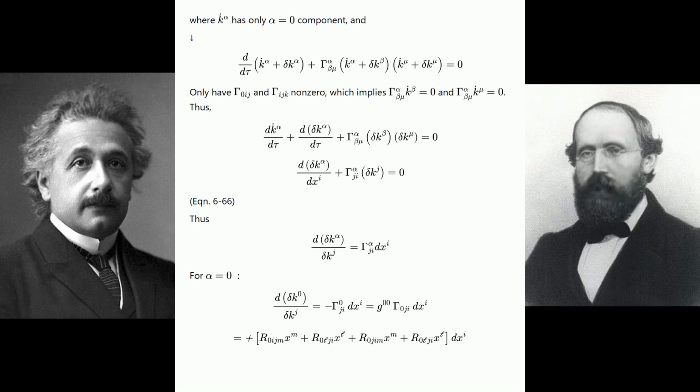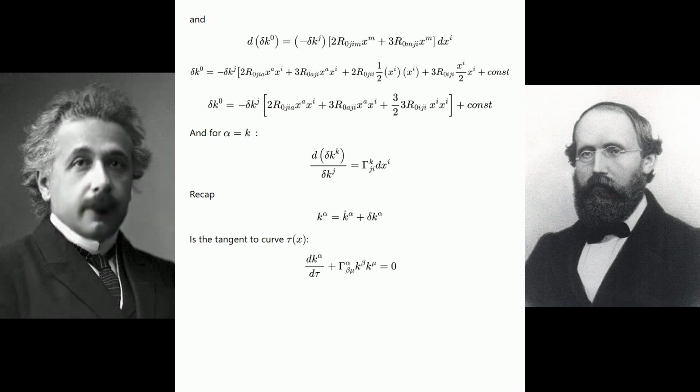Thus, equation 6-66. Thus see the next equation shown. For α equals 0 see the equations shown, and the following group of equations. And for α equals k see the equation. Recap, see the next equation shown.